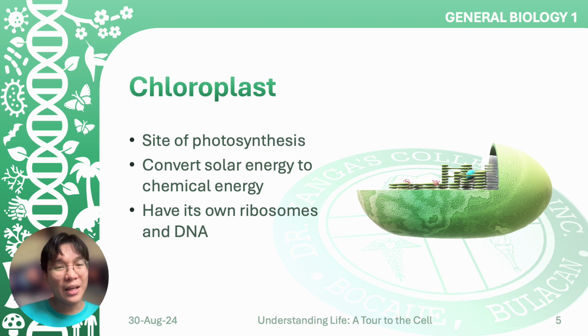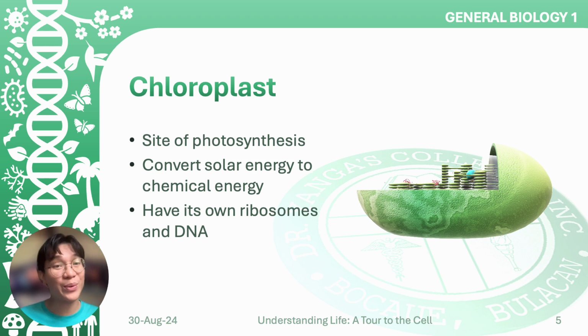And how do you relate chloroplasts to a society? Perhaps you can make an analogy between chloroplasts and a solar panel, right? These solar energy firms in the Philippines are sites where they use the energy from the sun to make our own electricity, right?